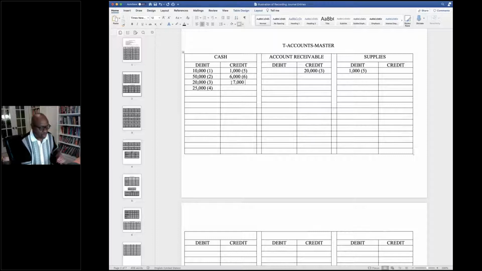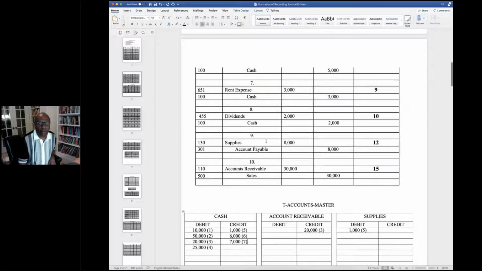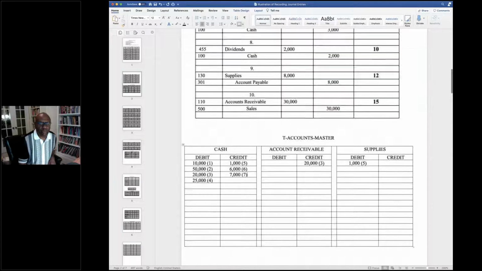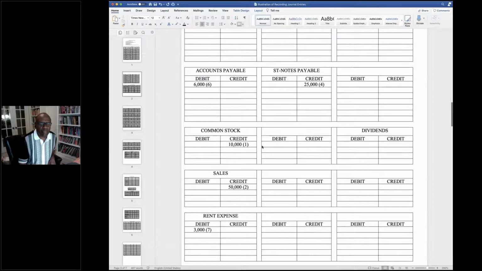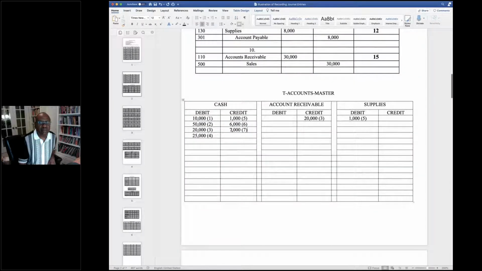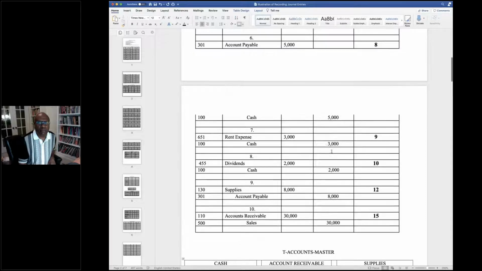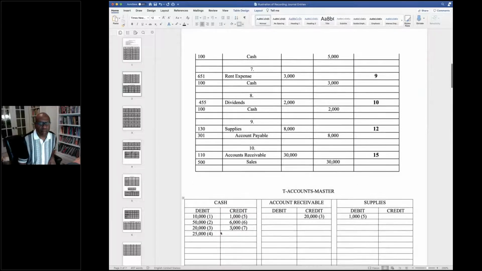So cash is always going to be an account where there's a lot of transactions. So I need 3,000 there, not 7. And accounts payable was 5,000.